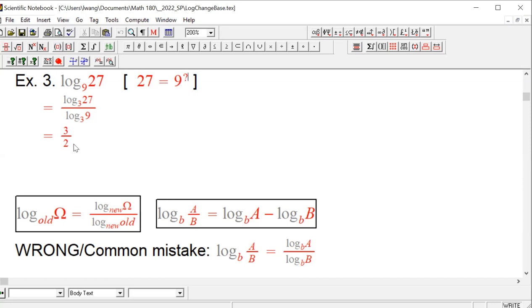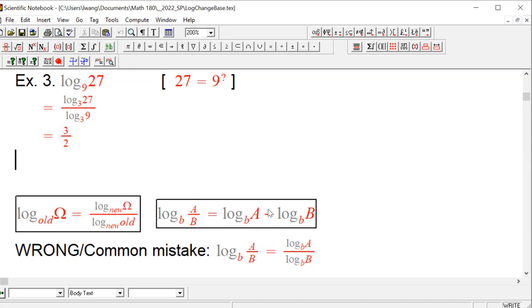And of course, now we already know the answer, so you can go that way. I will leave that for you if you want to explore that way. And I'm just going to focus on using the change of base formula. Okay, so let's do another one. And they're all very similar, right?